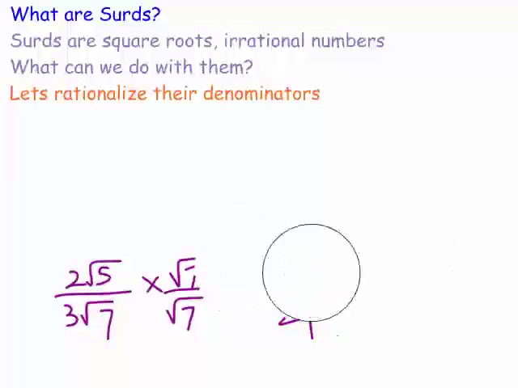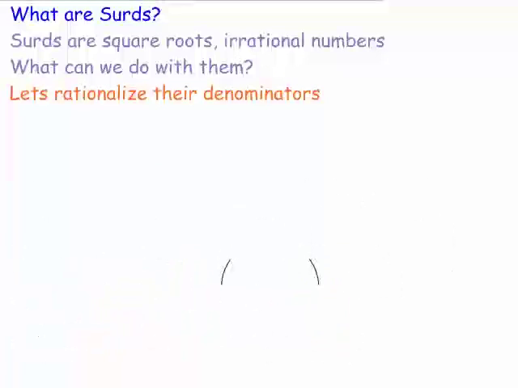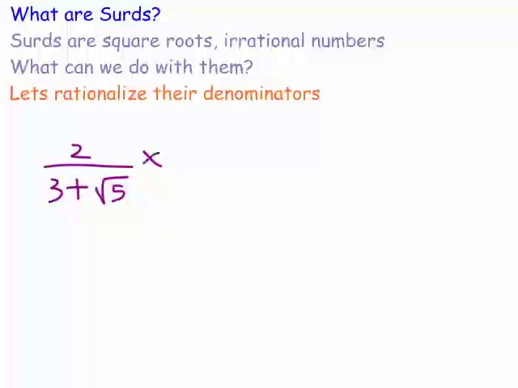So what happens when we have something like this? Say 2 over 3 plus root 5. In these sorts of problems, we multiply by the conjugate, which is 3 minus root 5 over 3 minus root 5. That's just like multiplying it by 1.